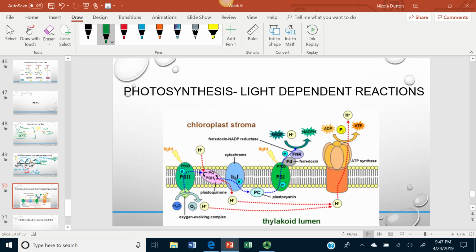Here you can see water is split to create oxygen and hydrogen. The electrons are going to replace the electron that was excited from the photosystem 2. The hydrogens accumulate in here, and they're going to go through this ATP synthase, which is a big complex that's going to be rotating. And once it rotates, it takes ADP, combines with another phosphate to create ATP. So your two final end products of the light-dependent reactions are NADPH and ATP.